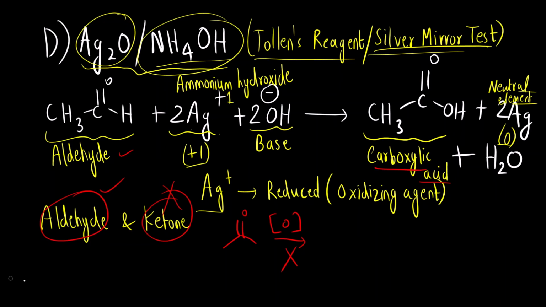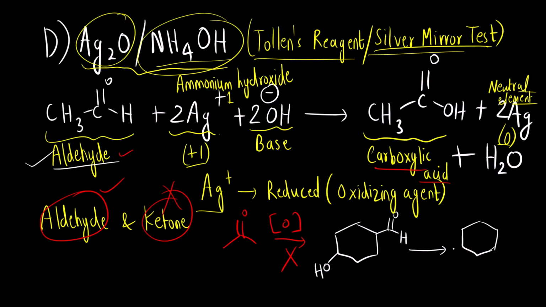So what will happen in the reactant that is given to us? Here there is aldehyde and secondary alcohol. Here secondary alcohol will not be oxidized. It is specifically for aldehydes. So secondary alcohol will remain as it is, and aldehyde will be oxidized to carboxylic acid.